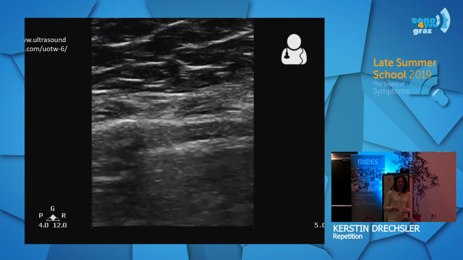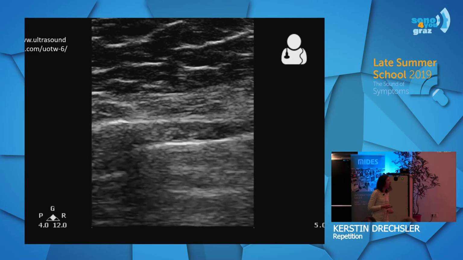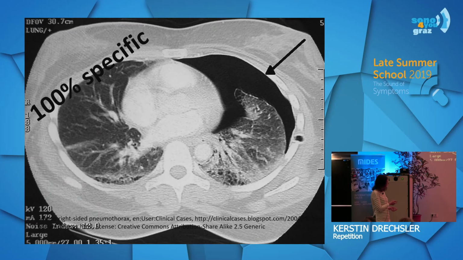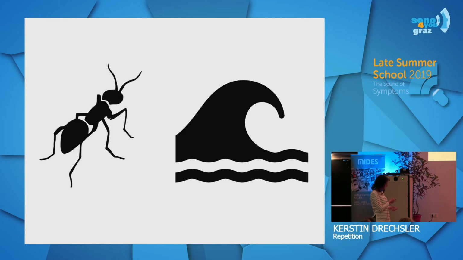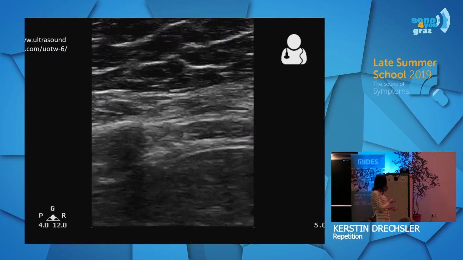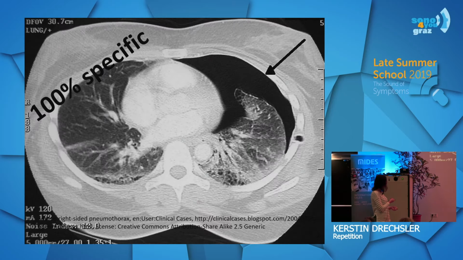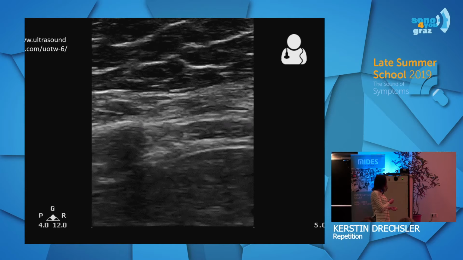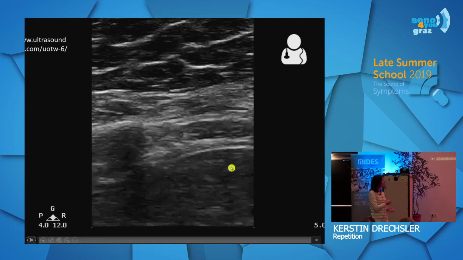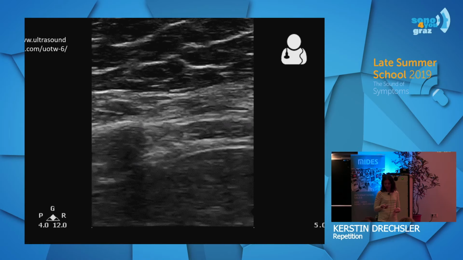So in this case, we are clearly seeing the lung point. In one part of the picture, we were seeing a sliding lung sign. And on the other hand, there was no sliding between the visceral and parietal pleura. But why is that?